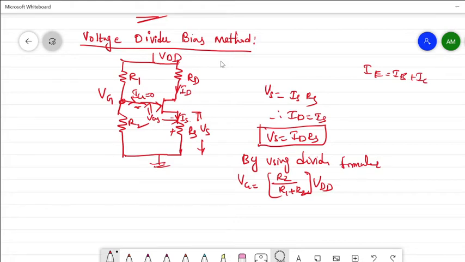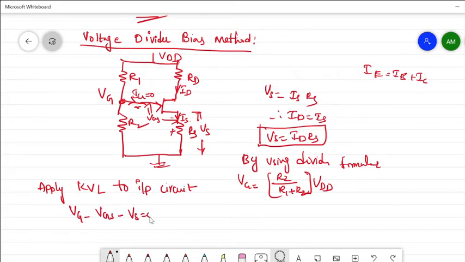For that, you have to apply KVL to the input circuit. In the input circuit, VG is there, then the voltage between gate and source is minus VGS, and the voltage across the source resistor. So applying KVL: VG minus VGS minus VS is equal to 0.